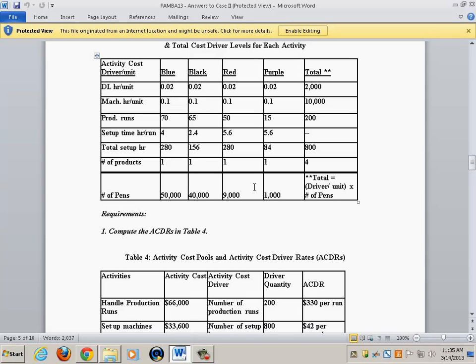So we know that our first method summed up all the costs of all the activities and lumped them together, and then allocated everything based on direct labor hours for each pen.